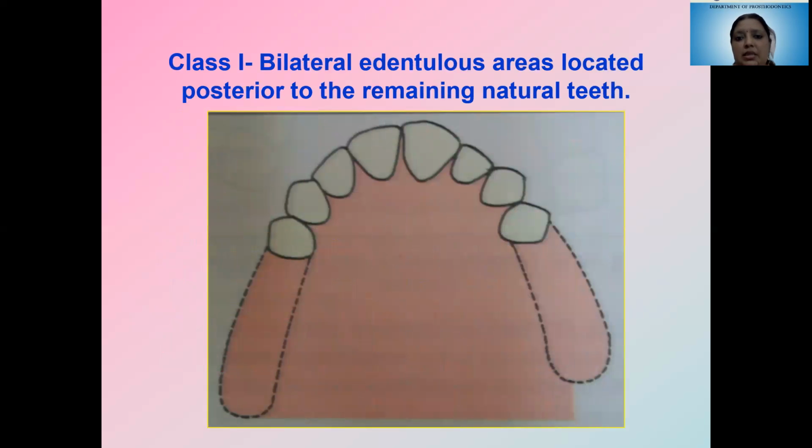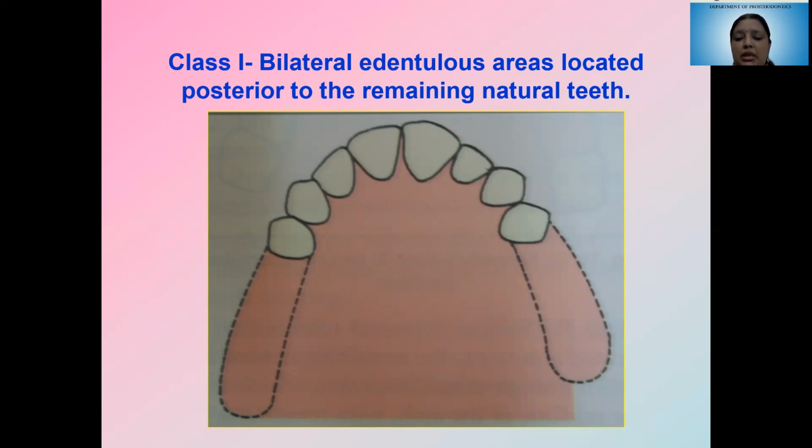Now, the first class is Kennedy's class 1 partially edentulous arch. Kennedy's class 1 partially edentulous arch has bilateral edentulous areas located posterior to the remaining natural teeth. That is, the edentulous area is bilateral. It's on either side of the arch, both on the left and right side.